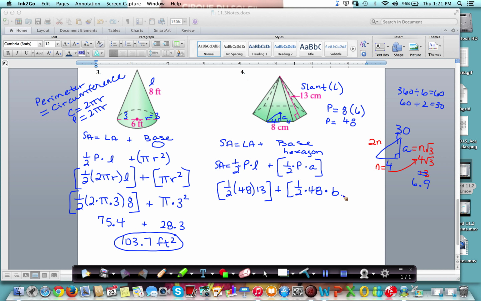So my apothem is 6.9. That's what 4 square roots of 3 rounds to, 6.9. Make sure you fix that, 6.9. Okay, so on this side of my equation I get 312, and then on this side of the equation I get 165.6, and when I add them together I get 477.6 centimeters squared. Perfect.